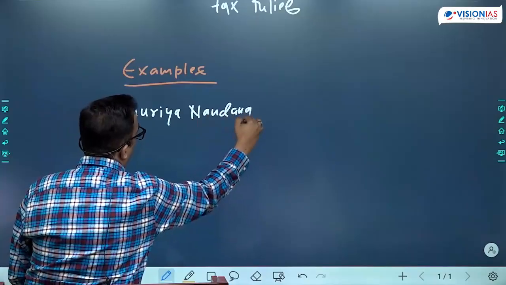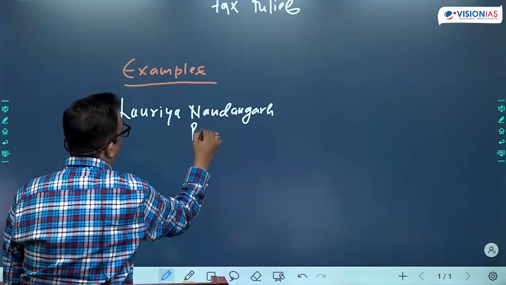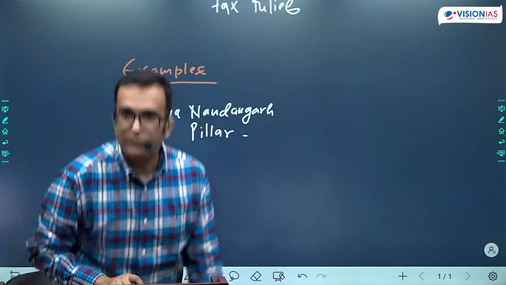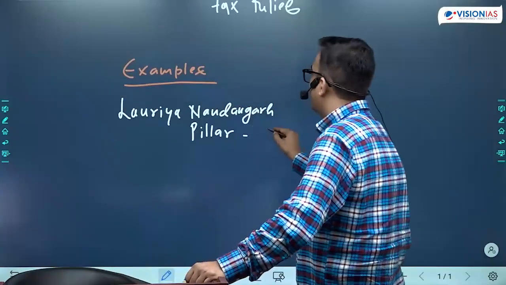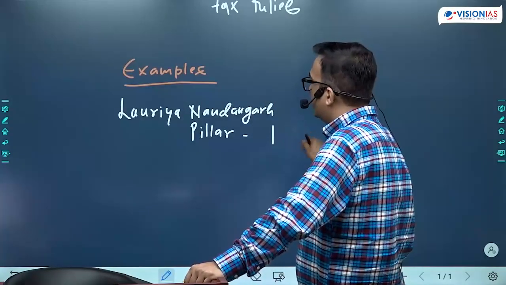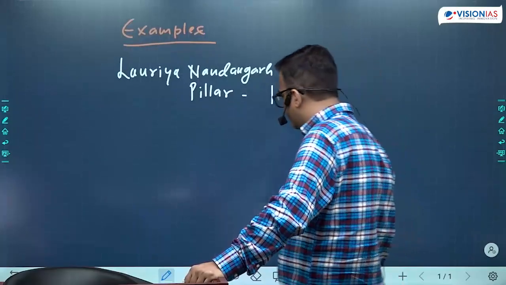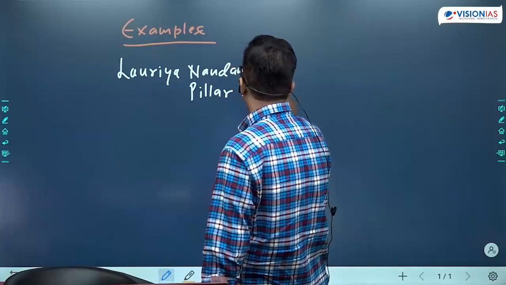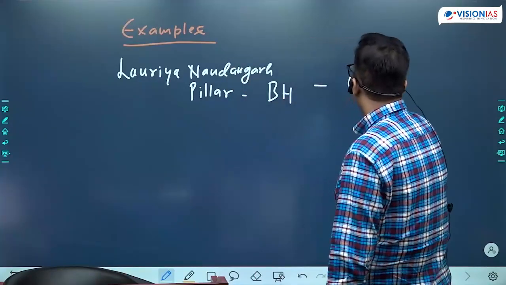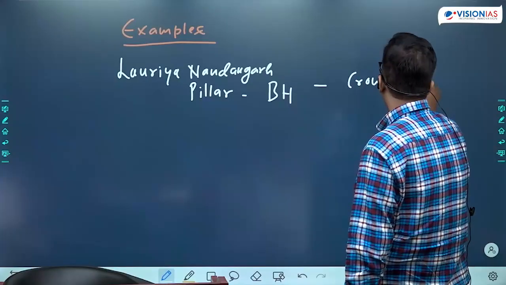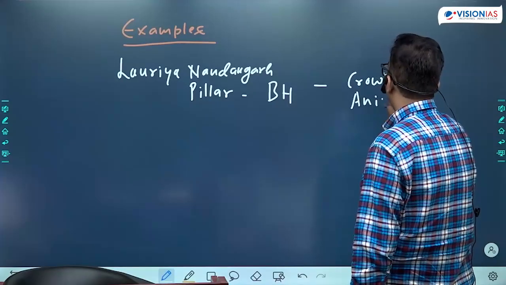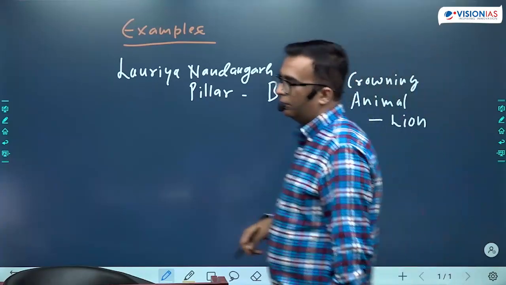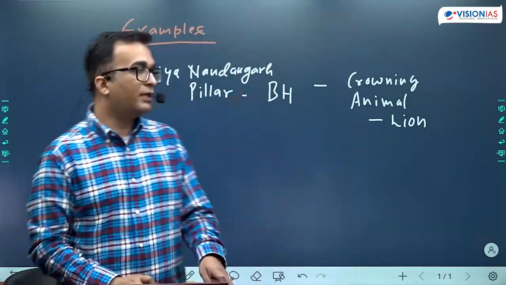So this is in Bihar, Champaran or Bettiah. And the crowning animal is a lion.